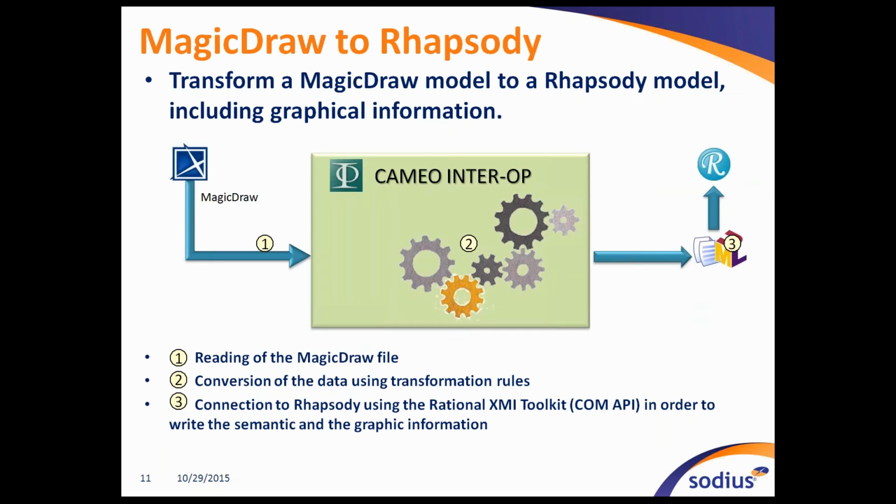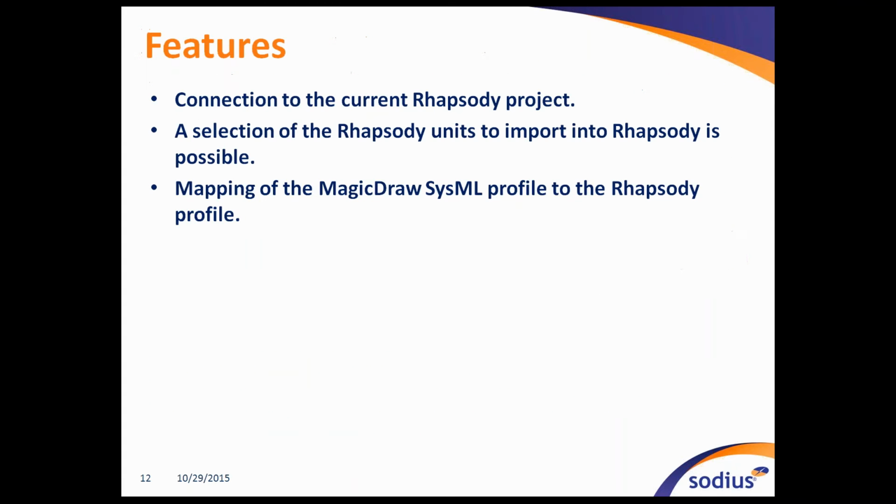Now we can continue with our MagicDraw to Rhapsody transformation. So it is possible to import the data from MagicDraw to Rhapsody, including graphical information, of course. So what we do is we read the MagicDraw file, we convert the data using the transformation rule, and we connect to Rhapsody using the Rhapsody XML toolkit, so using the COM API, in order to write the semantic and the graphic information.